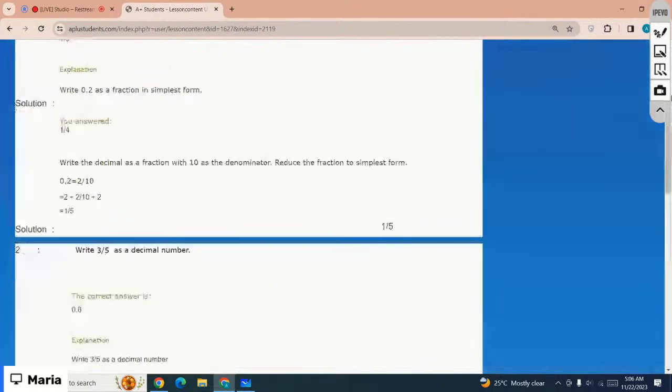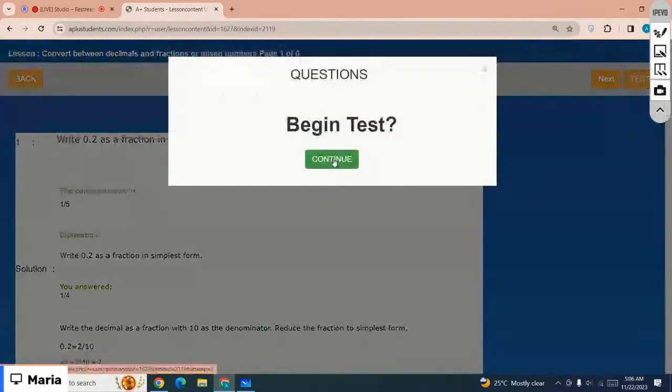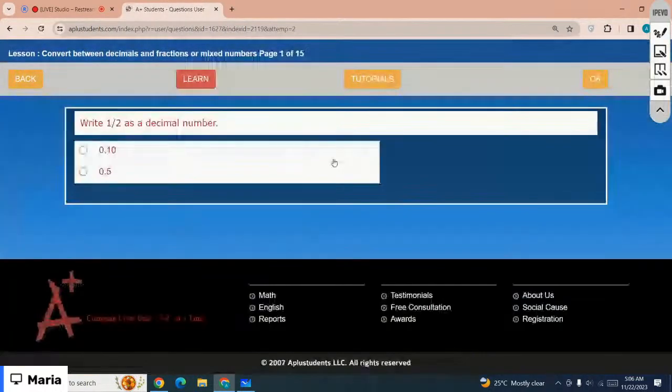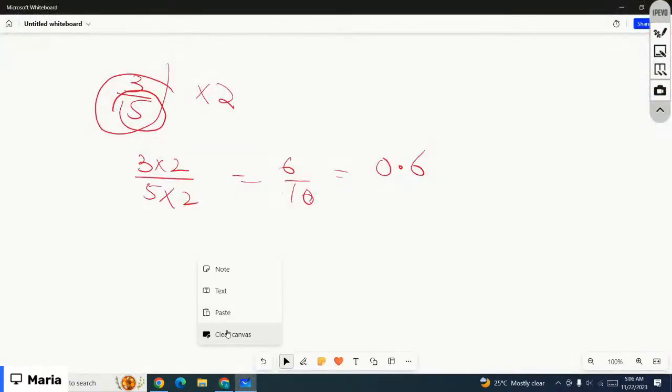Okay, let's just start with the practice questions. Write 1 by 2 as a decimal number. Okay, how do you write 1 by 2 as a decimal? 1 over 2. Make the denominator equal to 10, right? When you make the denominator equal to 10, you need to multiply this fraction by 2.